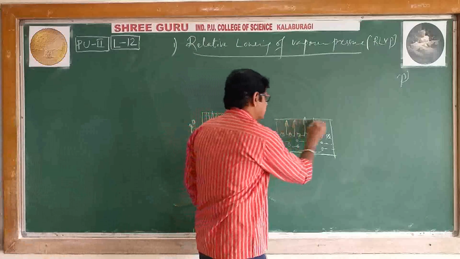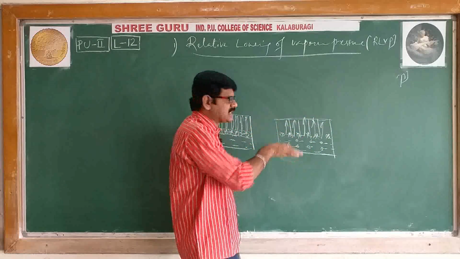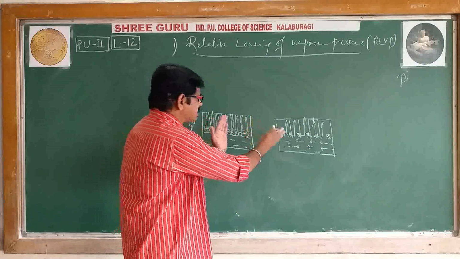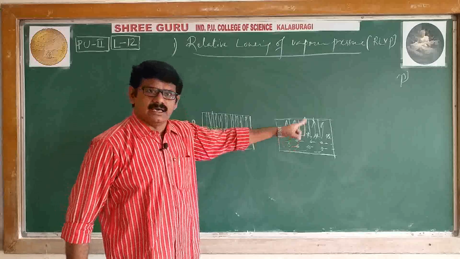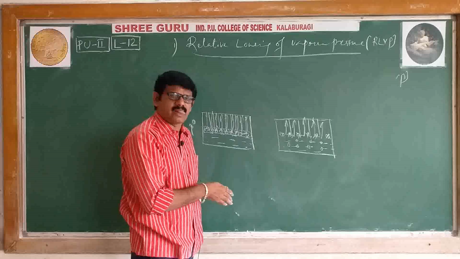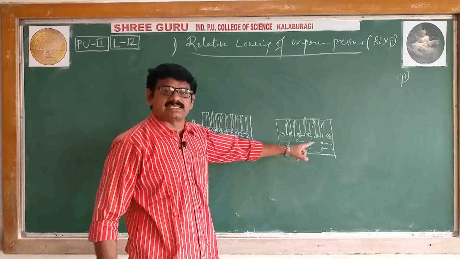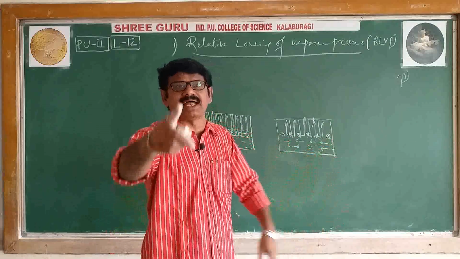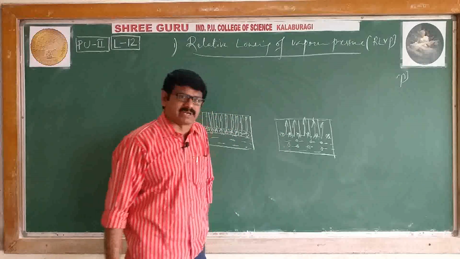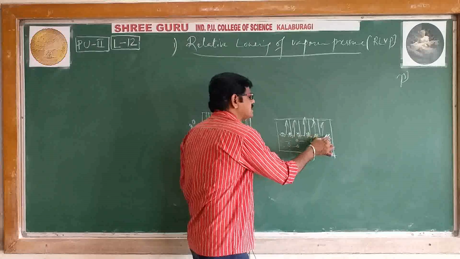And if it is a closed container, what happened then? Again, when those particles come back, they will exert some pressure. Definitely, if we compare both pressures, here vapor pressure is less, here vapor pressure is more. Why is the vapor pressure less here? Because non-volatile solute particles are added. Those non-volatile solute particles are not evaporating, and at the same time they are occupying some surface area.